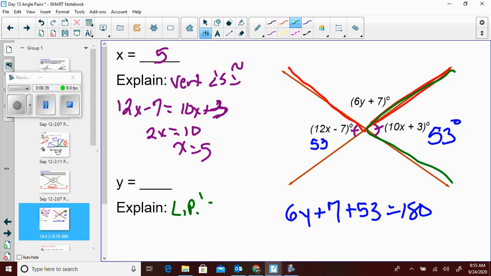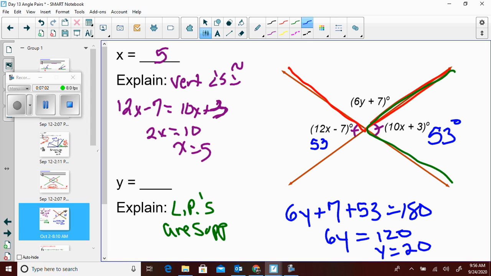Linear pairs are supplementary. Okay, linear pairs are supplementary. So you want to give the reason what allowed you to set up this equation. Just like this vertical angle is congruent, set up this. Linear pairs are supplementary, set up this. 6y equals, this is 60. Bring it over, 120. Y equals 20.